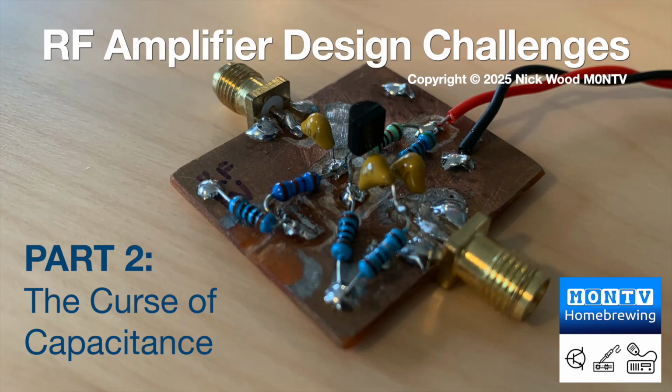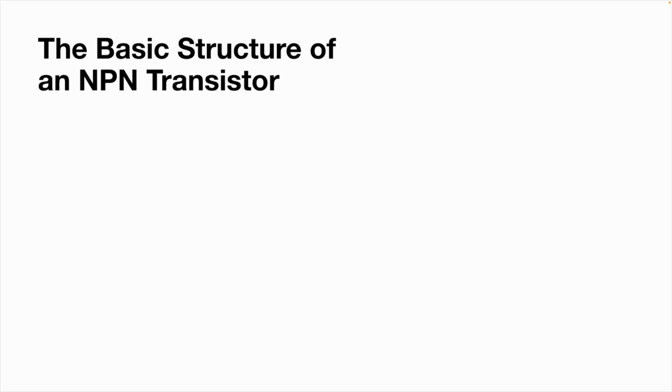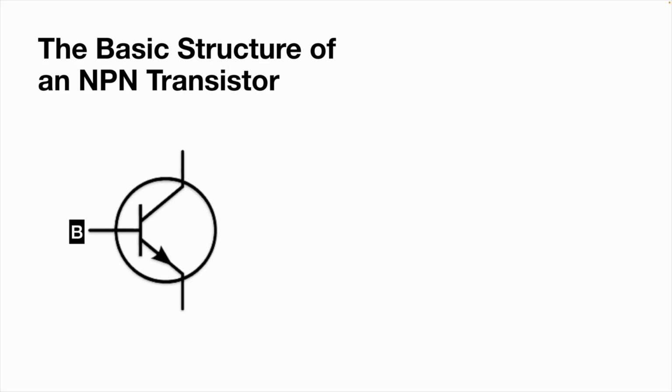But actually, if we want to find the source of this particular capacitance that's troubling us here, we have to go much deeper into the actual construction of the transistor itself, because the source of this capacitance is actually an intrinsic capacitance within the transistor. So let's have a little look at the basic structure of an NPN transistor.